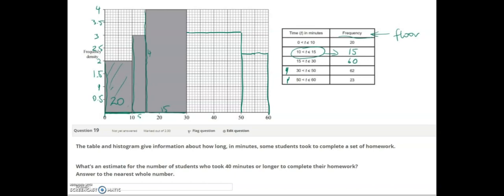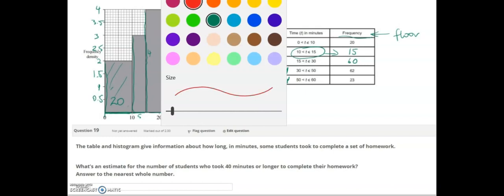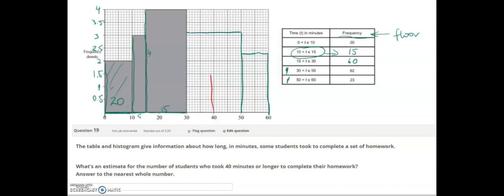So 40 and longer, it means we would have to go to this point and add up these two areas that I have highlighted.